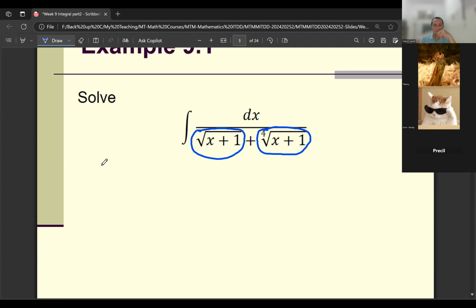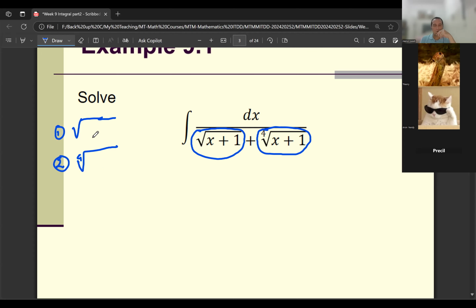How to do that? In this case, we have two components. The first component contains a square root, and the second contains a fourth root.